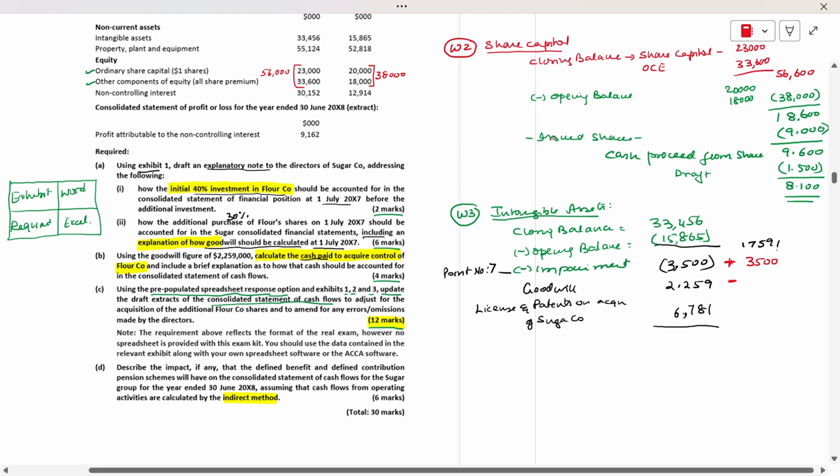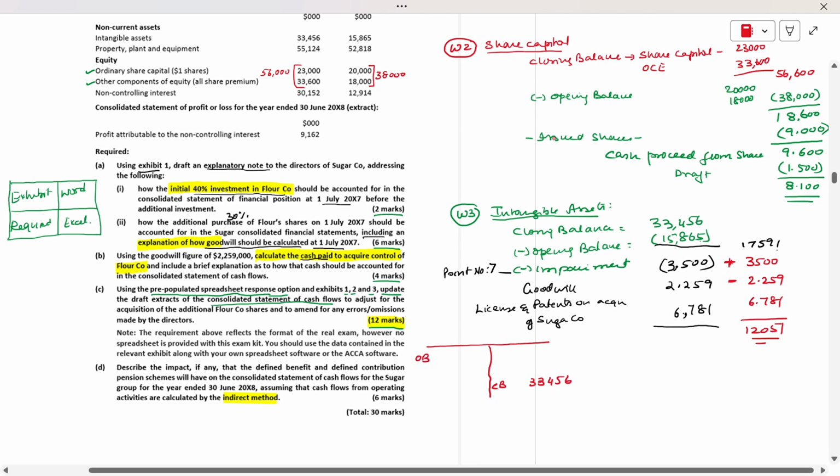One minute. I will do it in the T shape also. Okay, that will be very clear for us. And 6781. It comes to how much? 12051. Listen carefully. This is a T shape. Closing balance is how much? 33456.